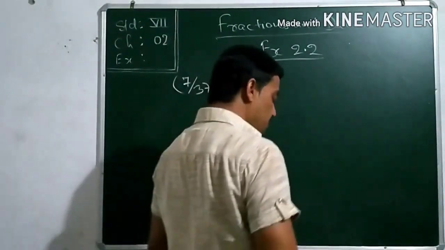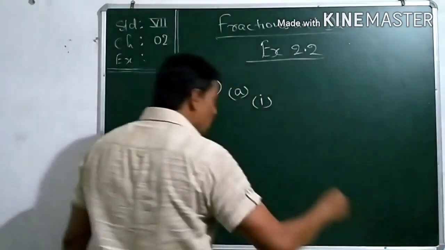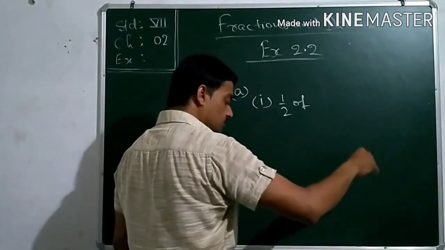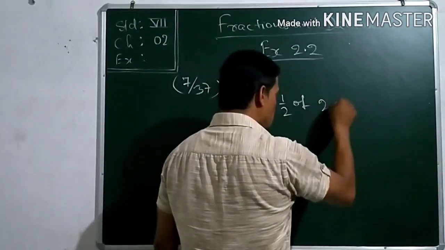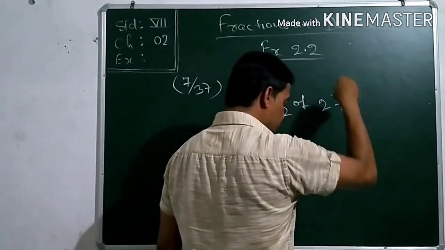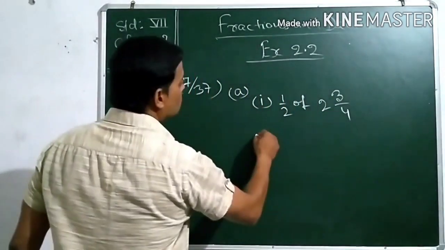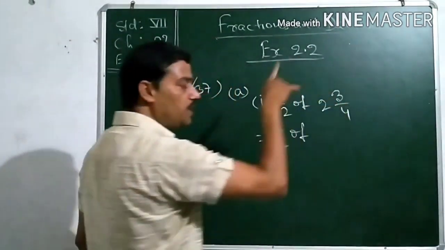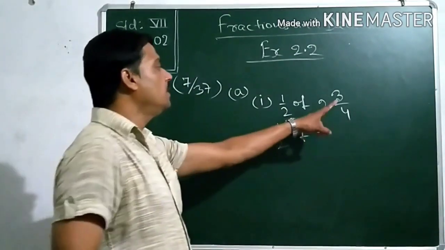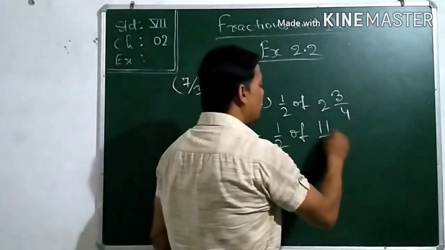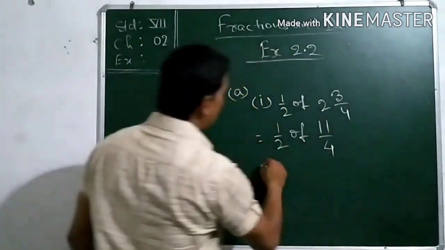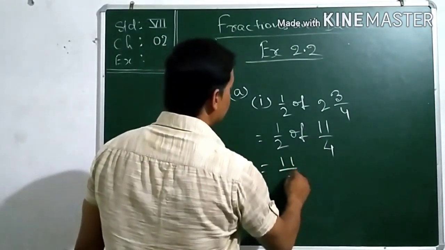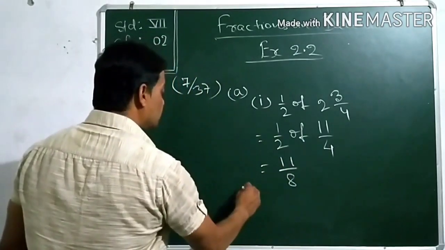The first one is 1 by 2 of 2 whole 3 by 4. We will solve this like 1 by 2 of, change it into improper fraction first. 4 2s are 8, 11 by 4. Now multiply them, 11 1s are 11 by 8.